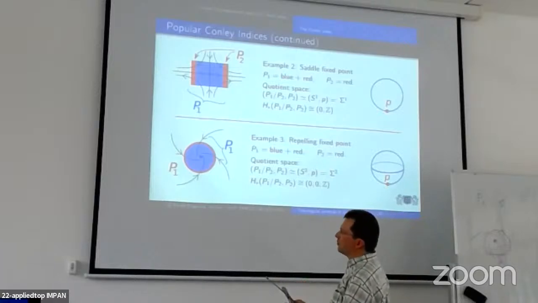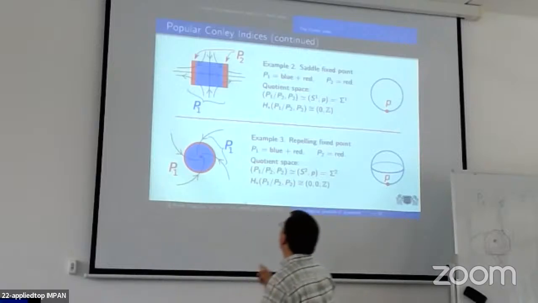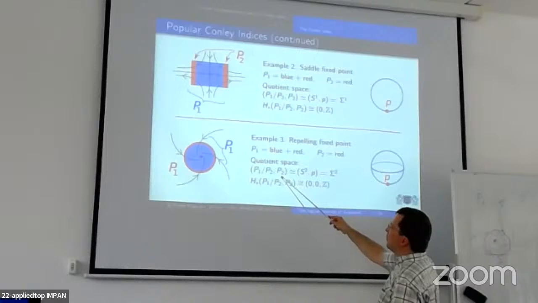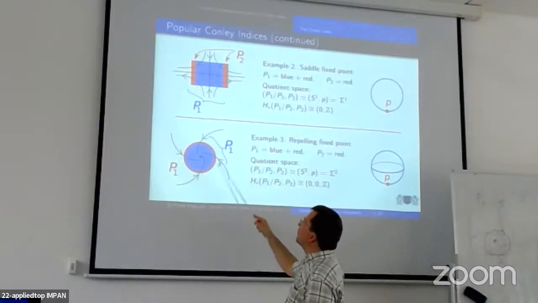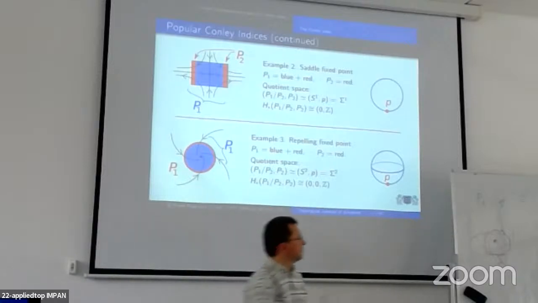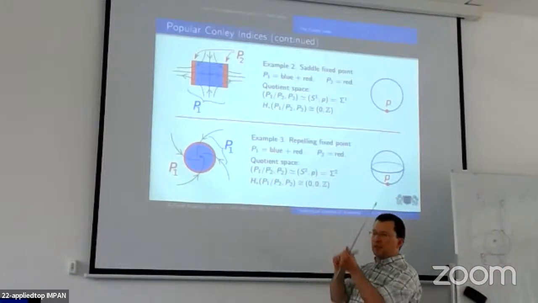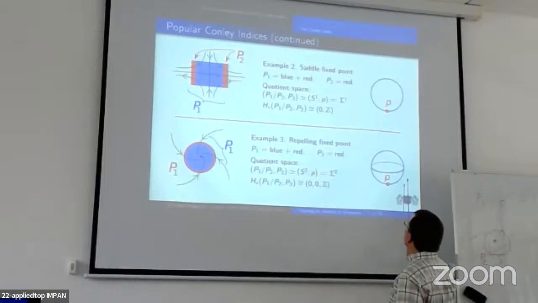So these arrows should be reversed. Here, when we compute the quotient space, this is like collapsing P2. This should also be P2, sorry for that. Collapsing P2 to a single point, we get the sphere with this extra point.